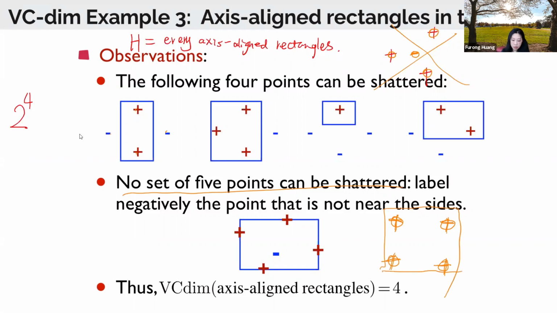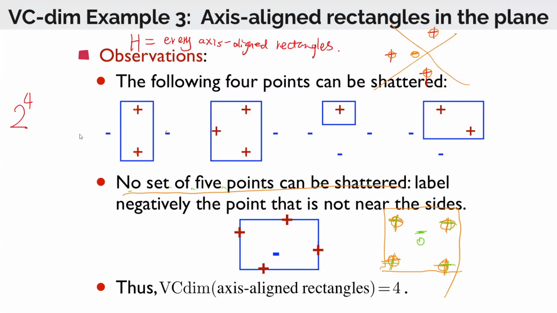However, if you arrange the 5th point within this, then you cannot realize this dichotomy, like this positive and negative here. So that's essentially why we say no set of 5 points can be shattered.